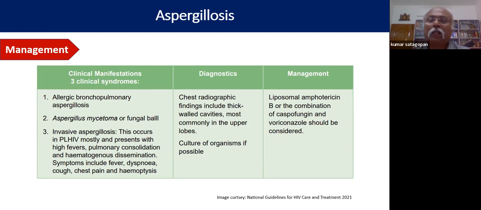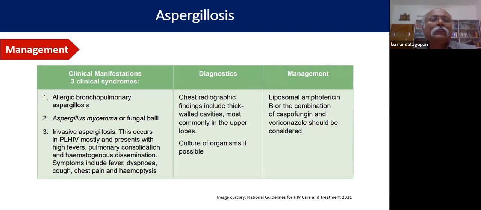Amphotericin is the drug of choice, or you can do combination therapy. Voriconazole is now available, very costly, but IV and oral. You can give that, with good results. So invasive aspergillosis in HIV is a very life-threatening opportunistic infection.